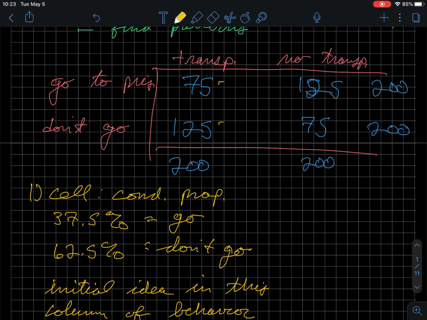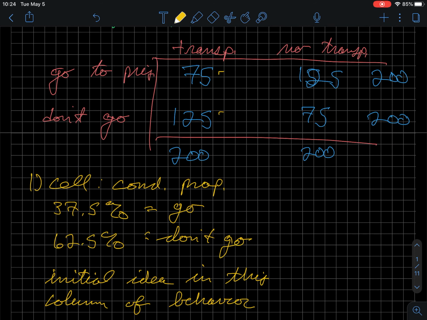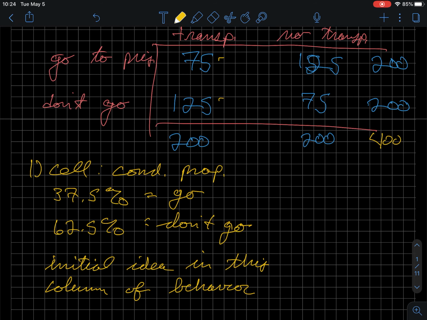We also know that 37.5% of people who go to prison are right here and had no transportation. There are 400 people total, so we add up these two columns. Out of everyone, about 50% of people end up going to prison.